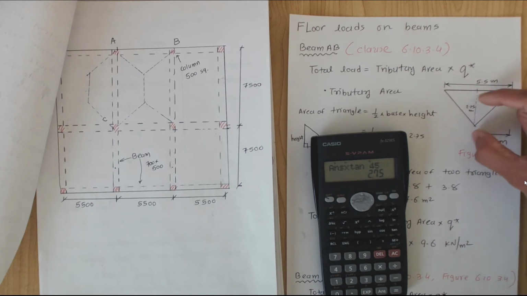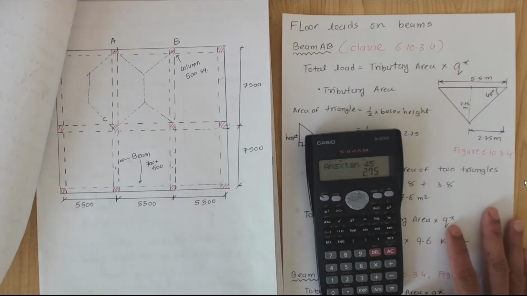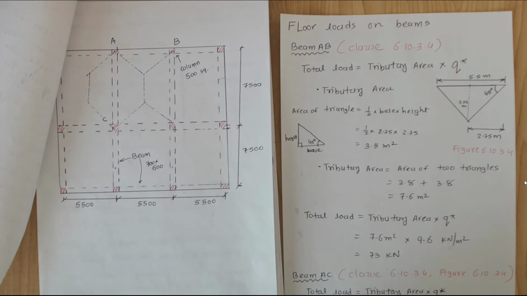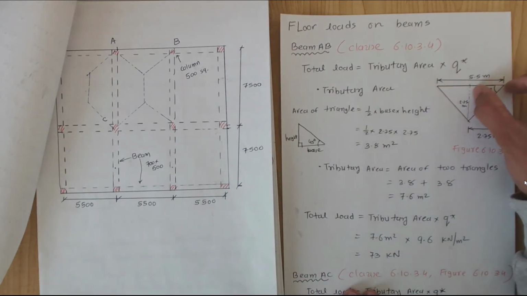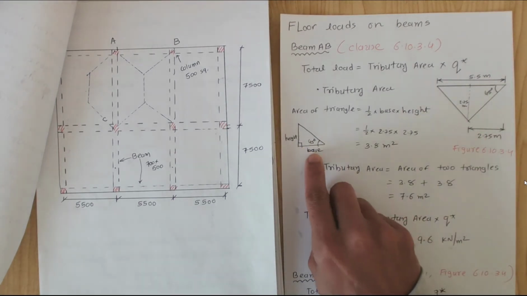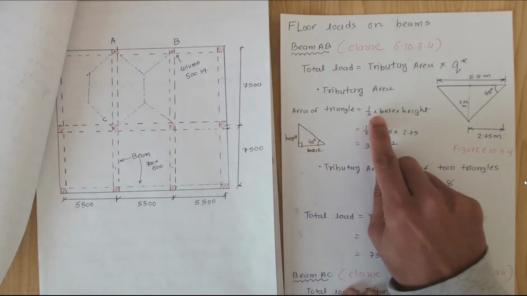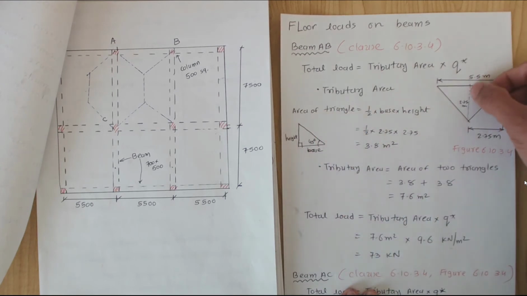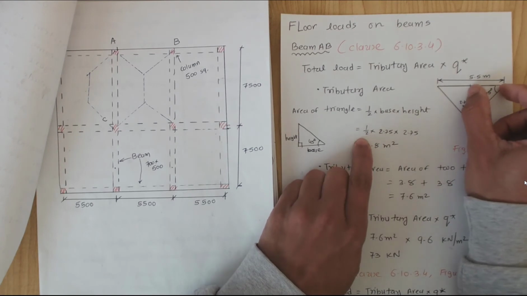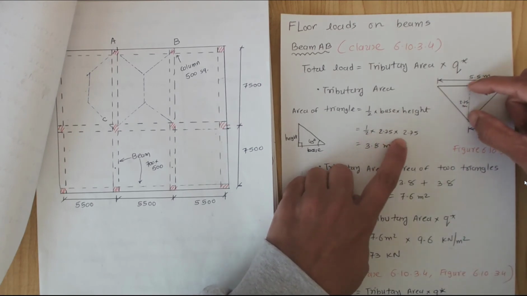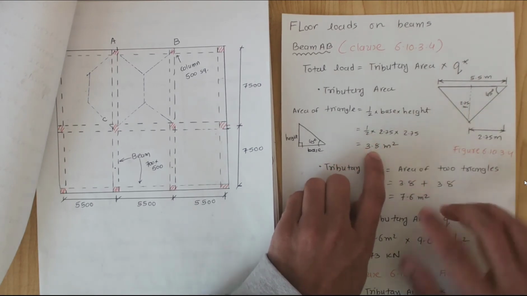So 2.75 here, 2.75 here. Once you know these triangle dimensions, 5.5 and 2.75, you can calculate the area of these right-angle triangles, which have a base and height. So the area is half times base times height: half, base 2.75, times height 2.75, you get 3.8 meters squared.